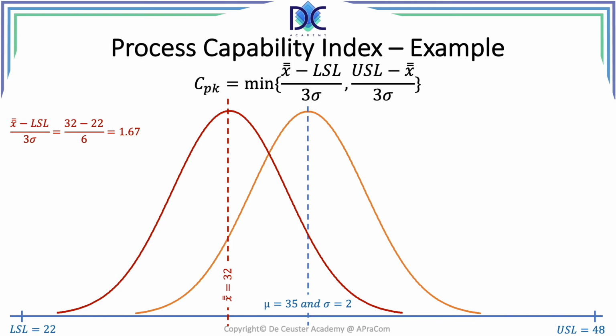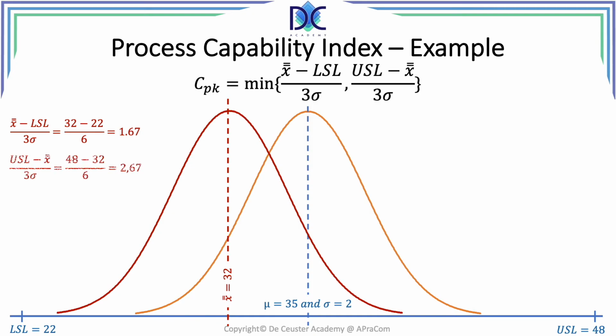So the average moved closer to the lower specification, and it means that the distance is less. We are not at the same distance anymore, we are closer. So we have more elements which will be produced below the lower specification.